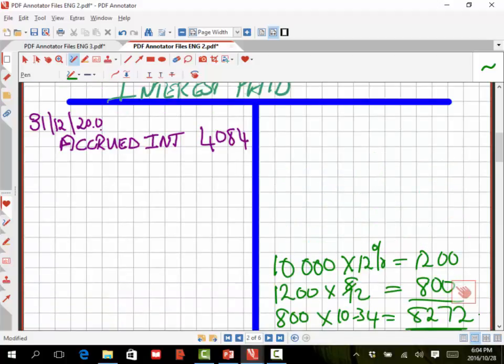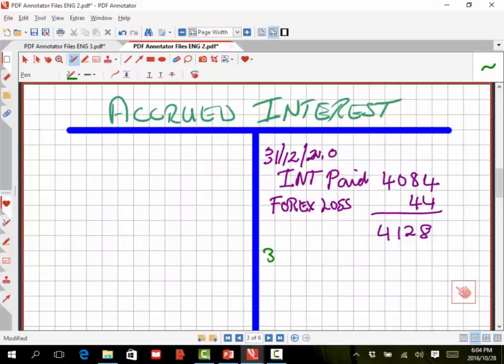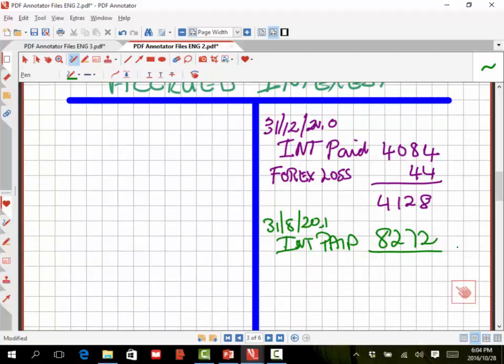So there we will say 31 August 20.1 accrued interest 8272, and here we will have 31 August 20.1, and we will have interest paid 8272, and that is the amount that we've calculated the interest paid to be.